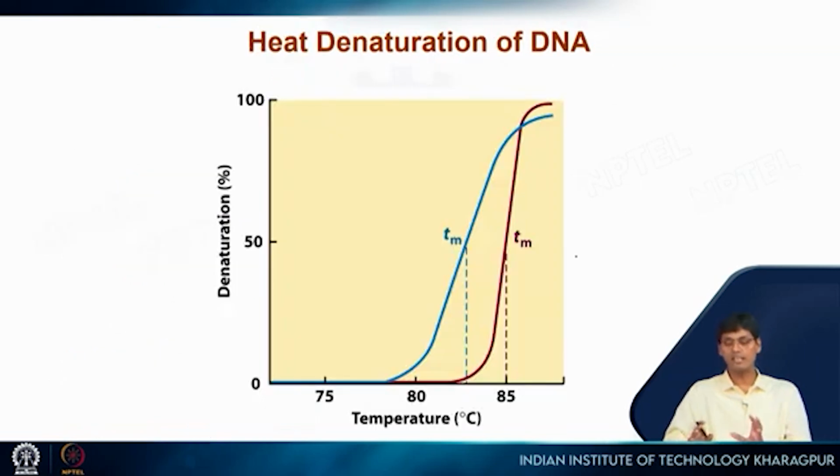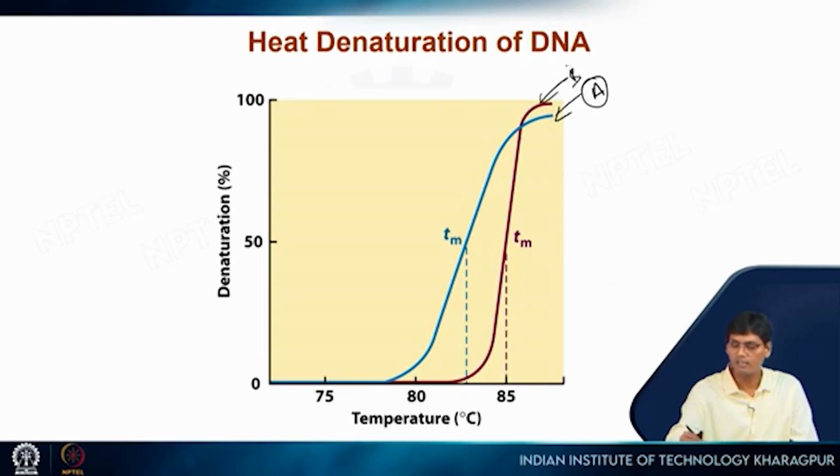Here I am showing two data sets. For example, we have two tubes and we did the same experiment that I explained. From one tube, tube A, we get this data plotted in blue color, and from tube B, we get the data in this brown color.